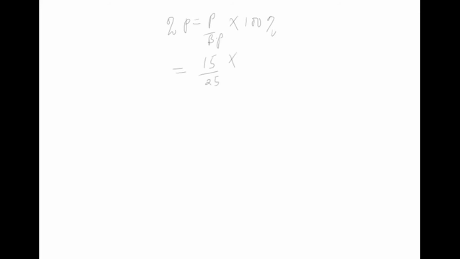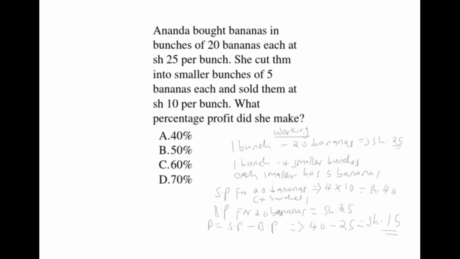We multiply by 100. So by 25, 1 by 25, we are getting 4. Then we have 15 times 4, which gives us 60%. So that is our percentage profit. Therefore the answer is C.